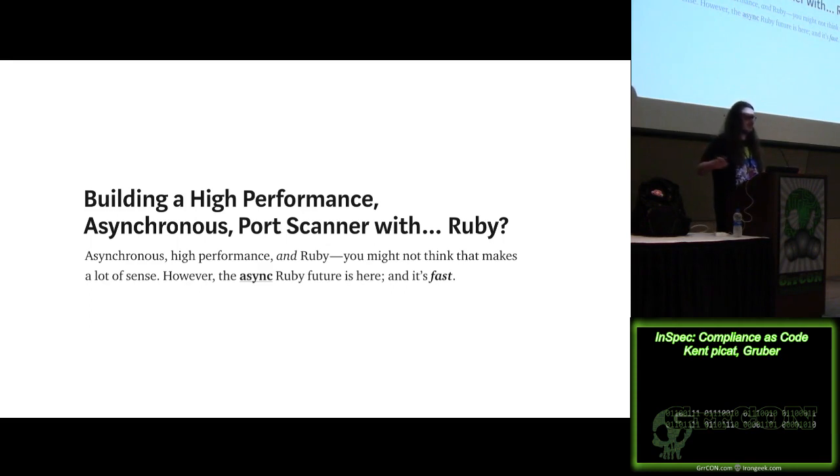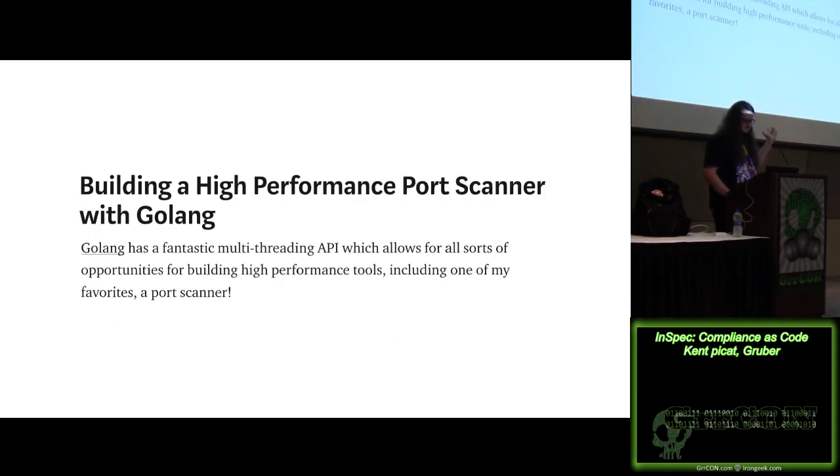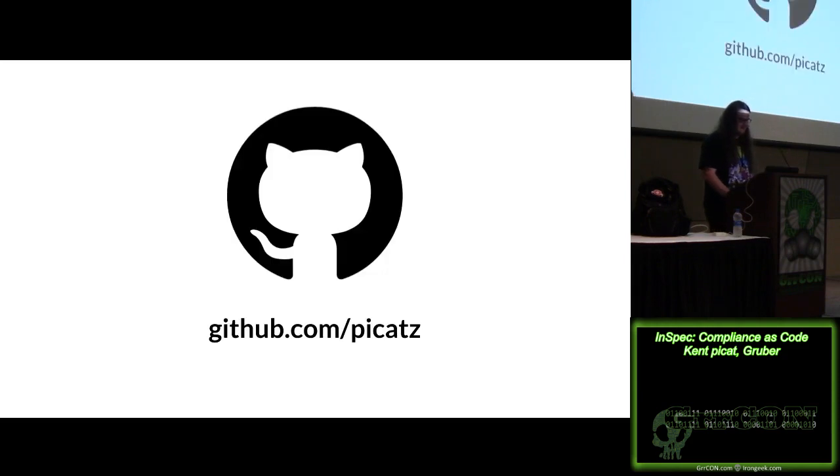While you can spawn as many threads as you want, you really get the best benefit in IO bound tasks, like reading from or writing to disk or the network. Single threaded is the way to go with those languages. And with a language that is good with multi-threaded, I love Go, so I wrote about building a high-performance port scanner with Golang.